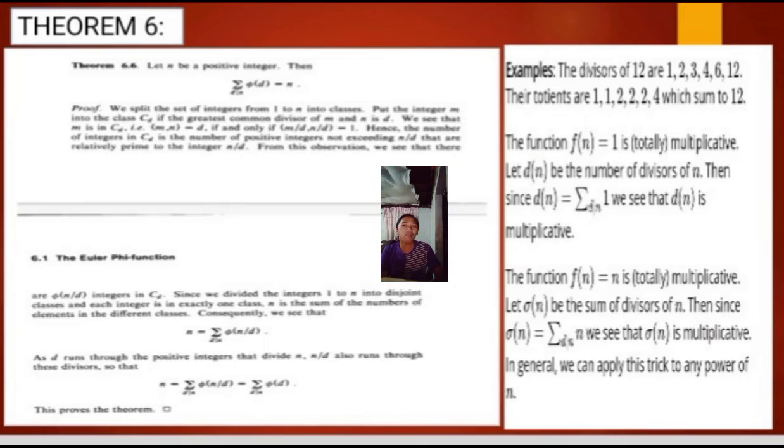When we say that m is in C_d, the GCD of m and n is equal to d, if and only if the GCD of m/d and n/d is equal to 1. Hence, the number of integers in C_d is the number of positive integers not exceeding n/d that are relatively prime to the integer n/d.